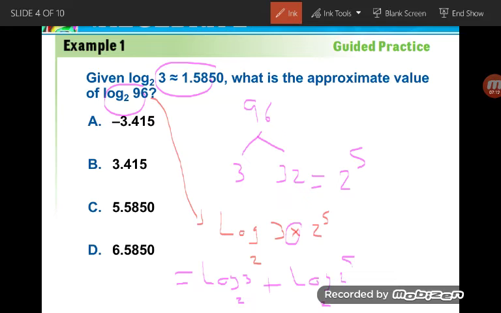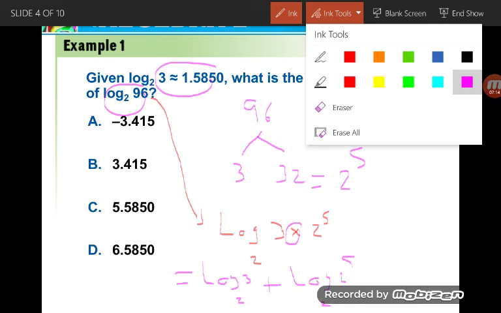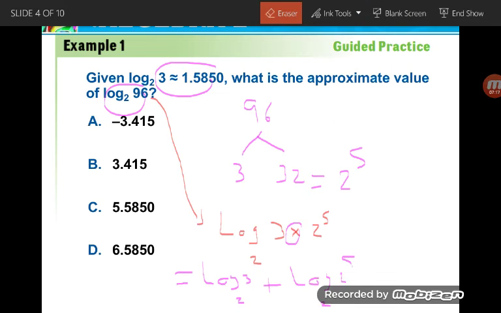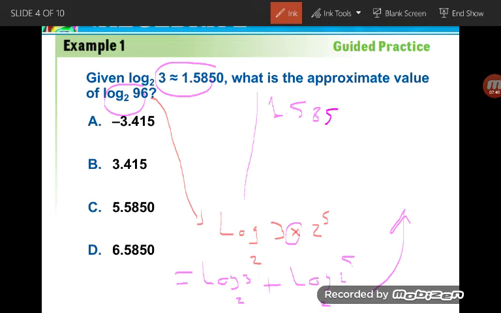I can erase the previous steps to have space for this. It will be log 3 for base 2, and we have its value from the given, which is 1.5850, plus the value of log of 2 to the power of 5.